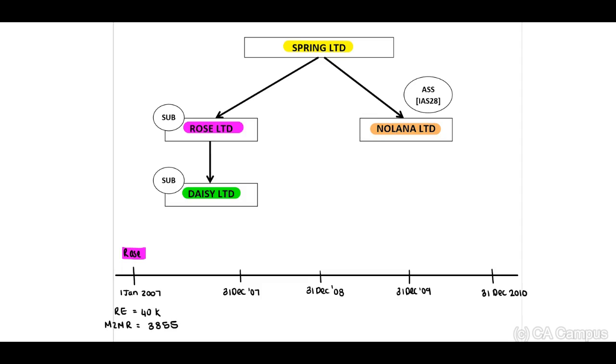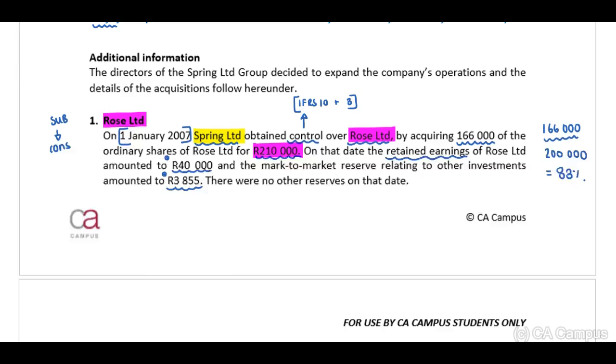Guys, important: when you make use of abbreviations in your calculations, indicate to your marker what is the meaning of this. I do not recommend that you make use of abbreviations in your journals when you present and disclose. This is not allowed, except for PL, profit and loss, SFP, statement of financial position, and SCE, statement of changes in equity. Okay, so when we refer back to the question, guys, let's move on.